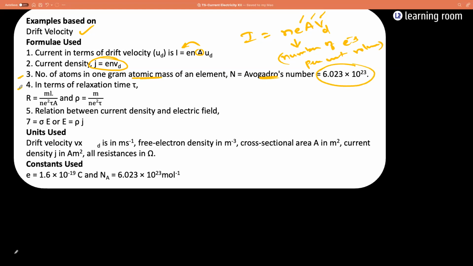Next, the formula for resistance in terms of relaxation time is R = m L divided by n e square tau A, where m is the mass and L is the length of the conductor, or resistivity is given as m divided by n e square tau.